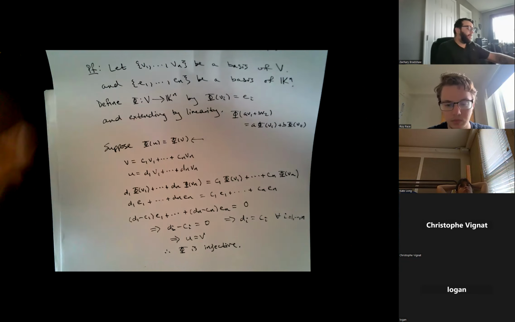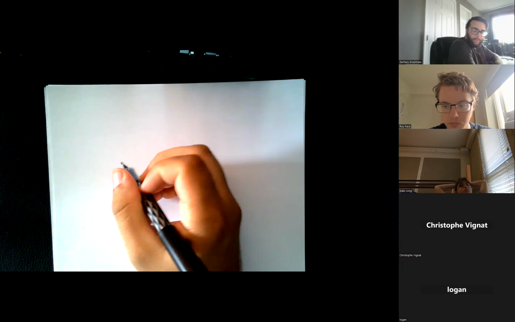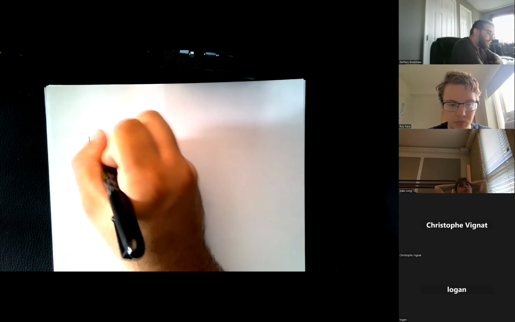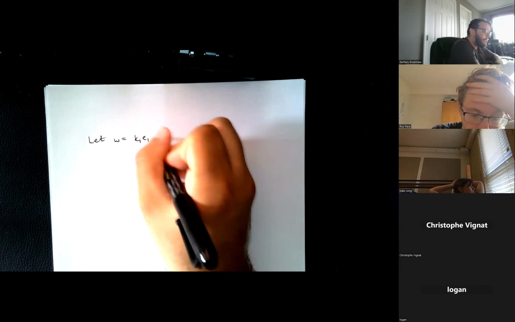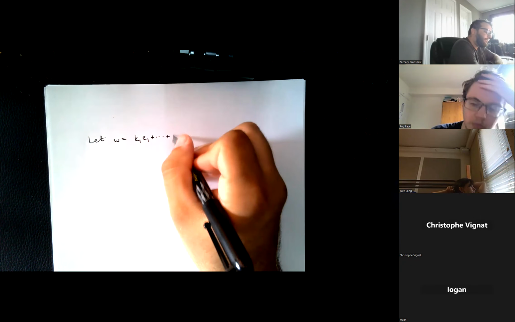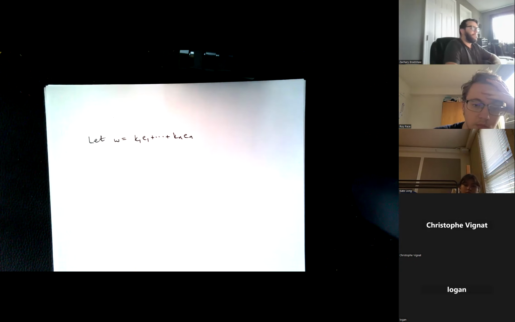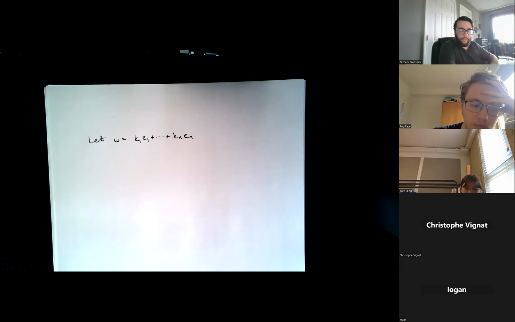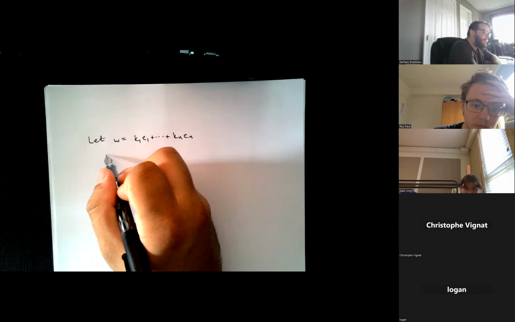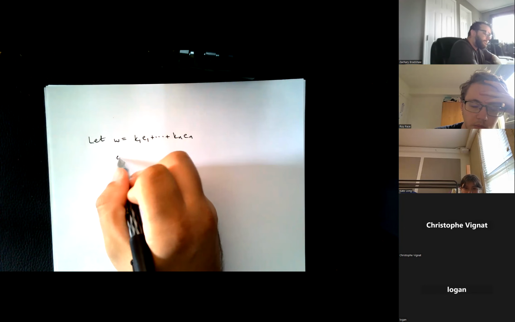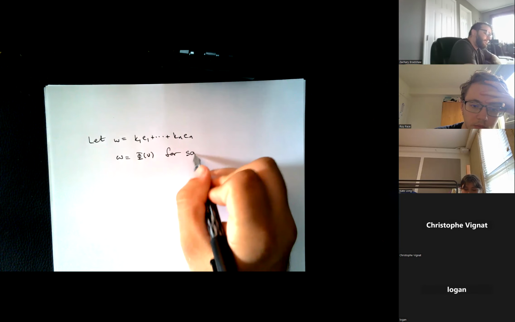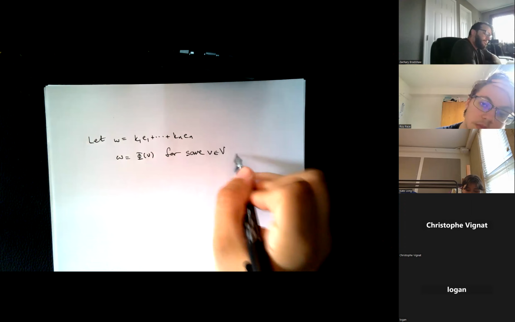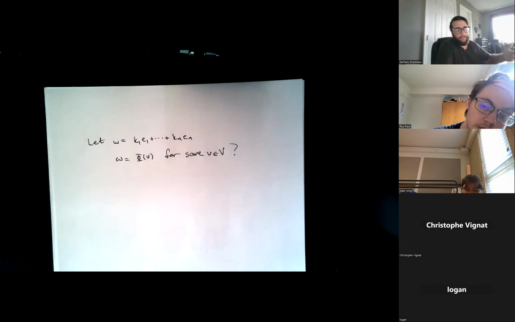Okay, surjectivity is even easier. Let w be some arbitrary vector in Kn. The question is, can we write w as phi of v for some v? And yeah, of course we can.